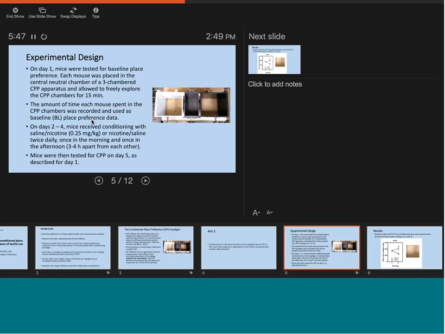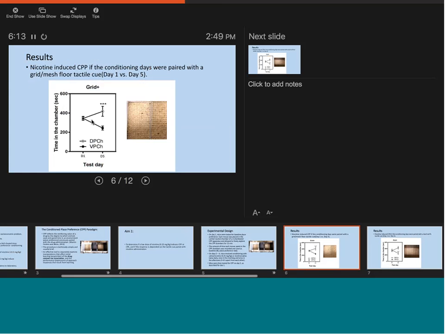In this case, it was twice a day, once in the morning and once in the afternoon. Then after one week of conditioning, on Friday, the final day, we read what happens as on day 1 to see if there are two outcomes: either an aversion to one side, or CPP to the other side.